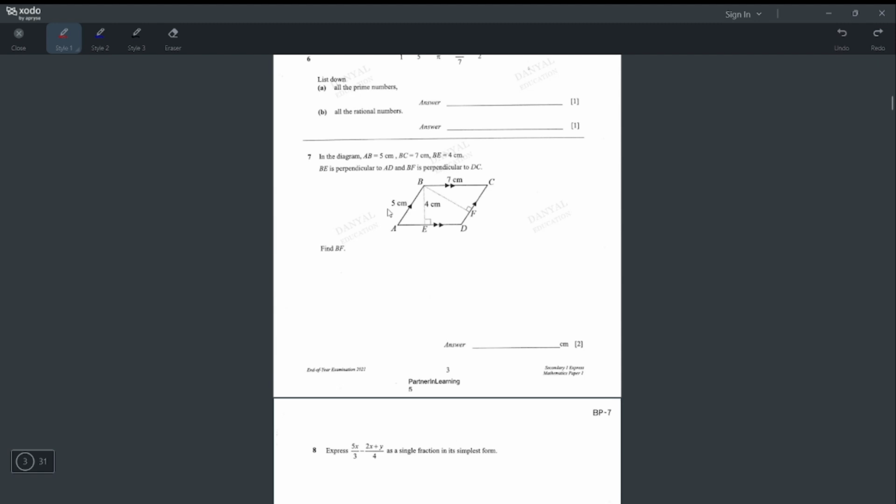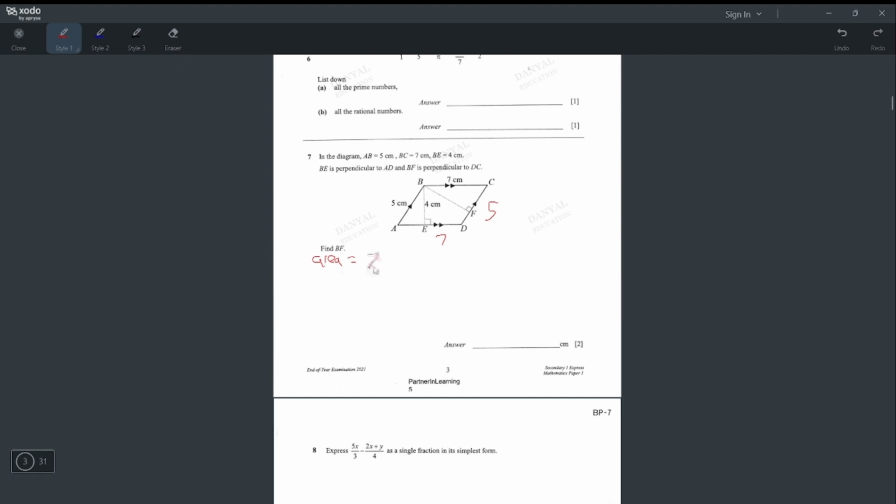So how we can solve this question is we use the formula of the area of parallelogram, which the area is equals to base times height. And we can use AD as the base and BE as the height, because BE is perpendicular to the base, which is AD. So AD would be equals to 7 because a parallelogram has 2 pairs of equal sides, AD and BC, as well as AB and CD. So this must be 5 as well.